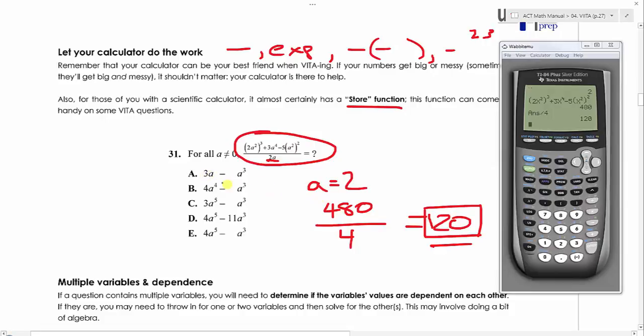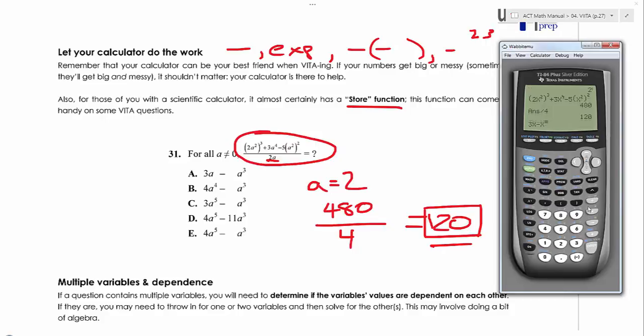I could just do these answer choices in my calculator the same way that I did before. So I could do 3x minus x cubed. That's answer choice A. That equals negative 2. So that guy's gone. I could do 4x to the 4th minus x. Oops. That's one of the things you've got to be careful of.